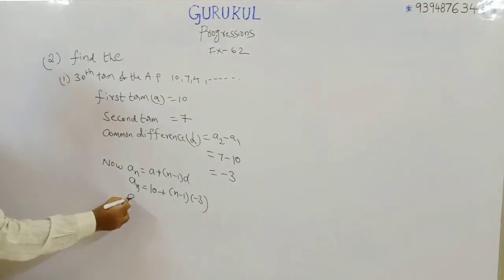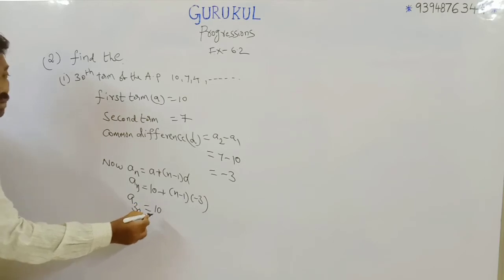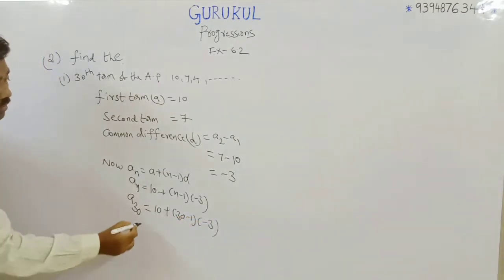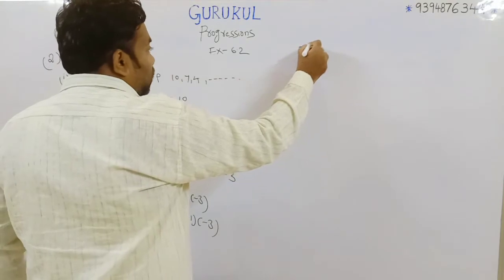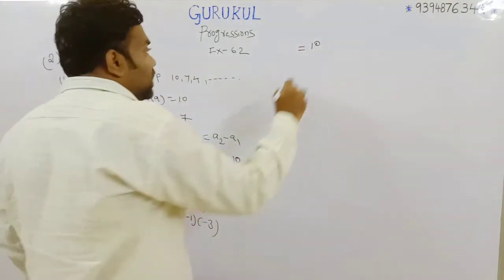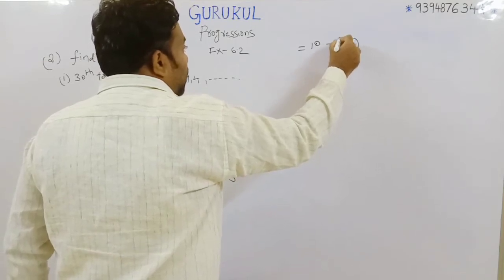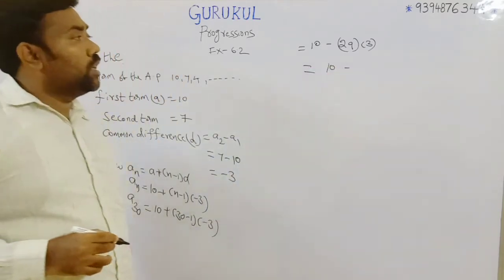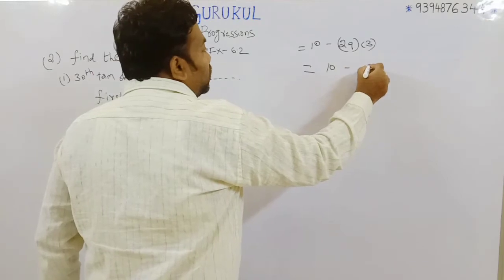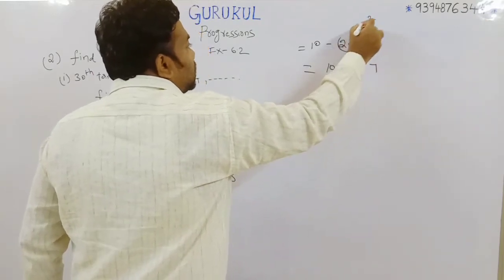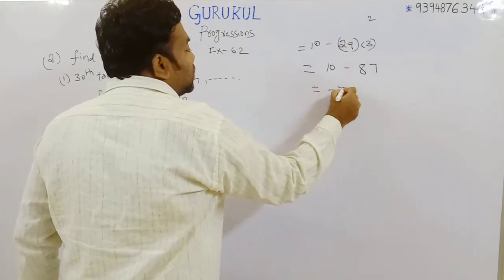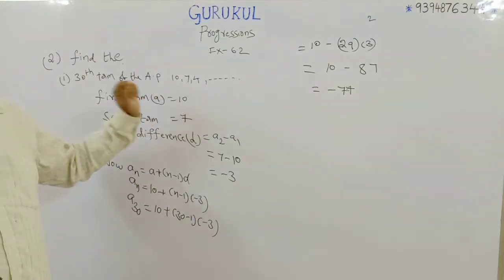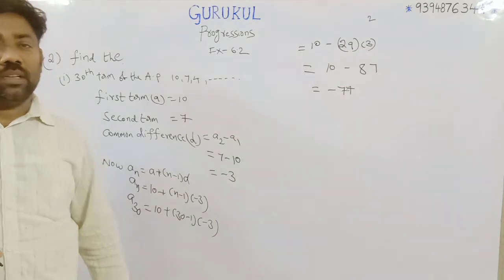So substitute n equal to 30. 10 plus 30 minus 1 into minus 3. 10 minus 3 into 29. 3 into 9, 27. 3 into 2, 6. 6 plus 2, 8. 10 minus 87, minus 77 is the 30th term of the given progression. This is completed.